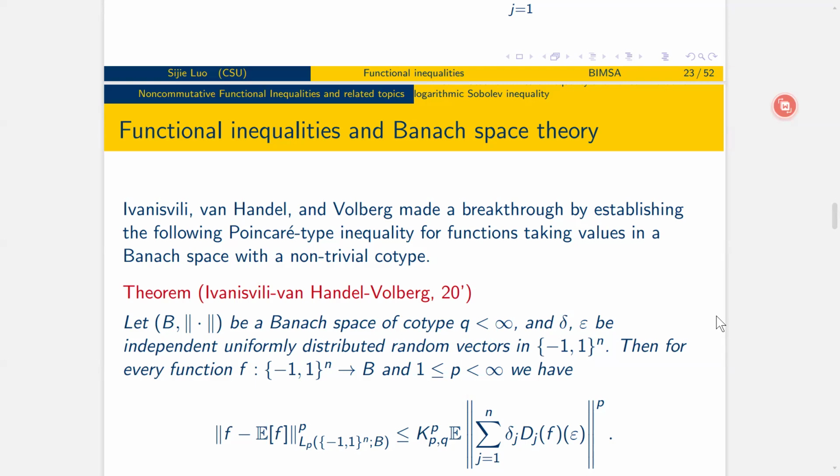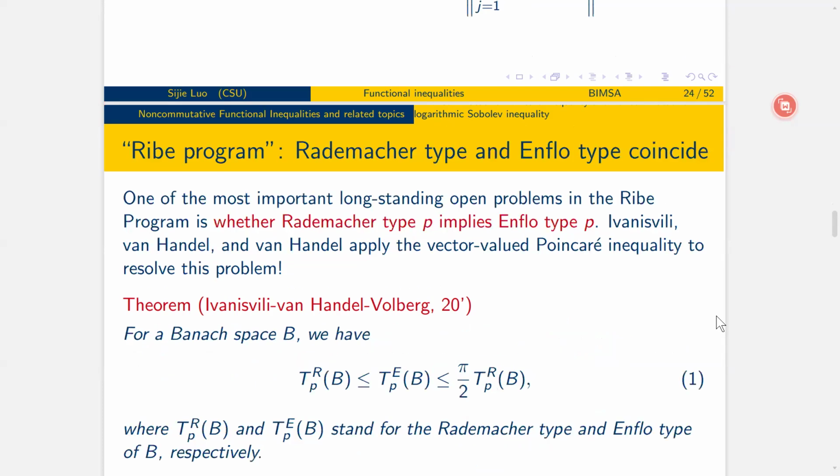It's a very important result by Ivanisvili, van Handel and Volberg. Why is this result important? Because they solved a long-standing open problem in Banach space theory, whether the enflo type and the Rademacher type coincide with each other. They use the vector valued Poincare inequality to prove the following.